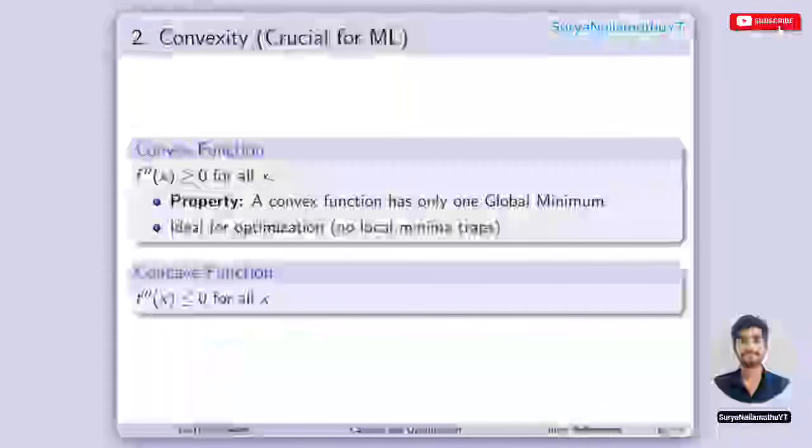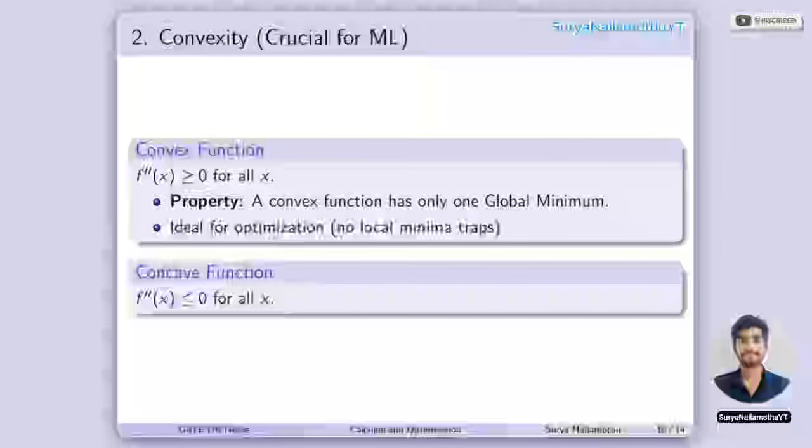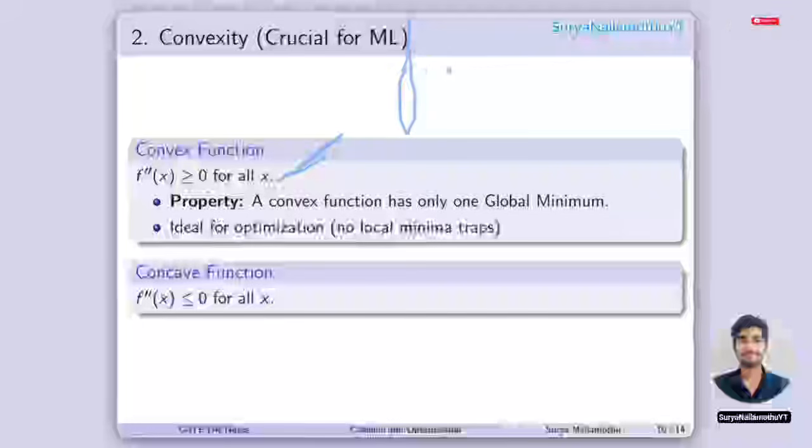Next, the convexity. Convexity is crucial for machine learning. Here we said that a convex function has f double dash of x greater than or equal to 0. It means that we know that convex is here. This is the convex lens, and here we show the concave lens, right?